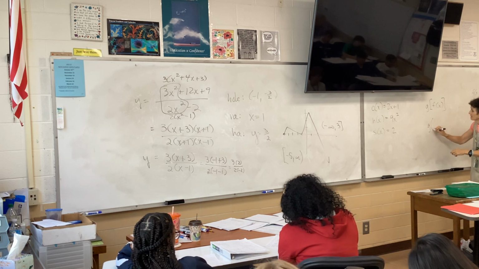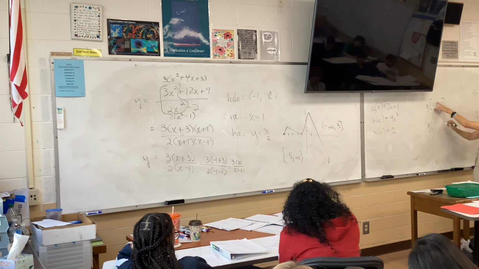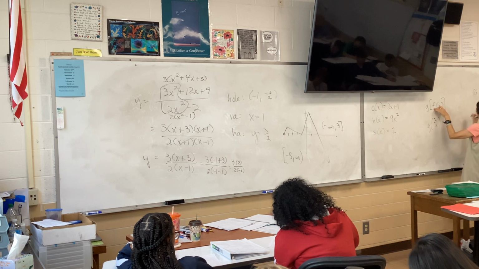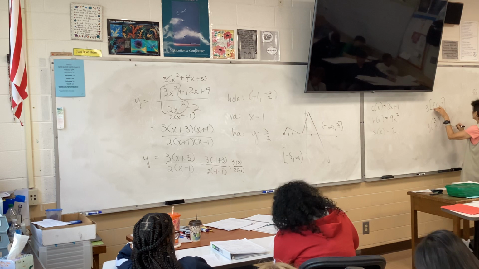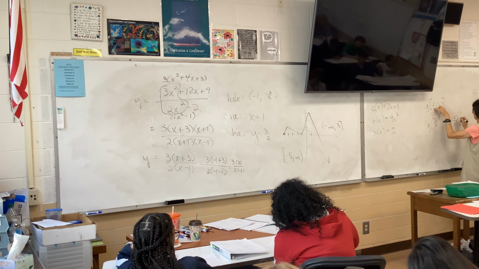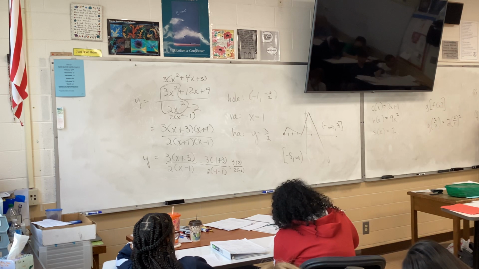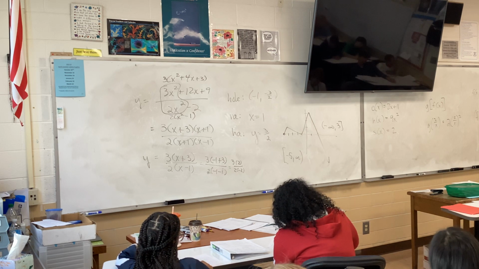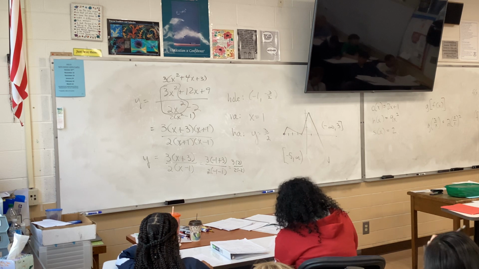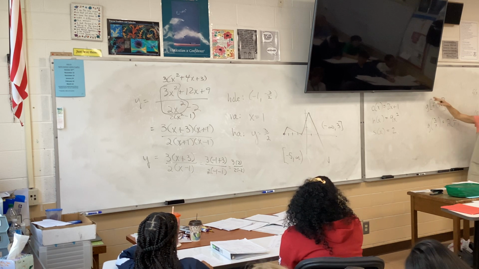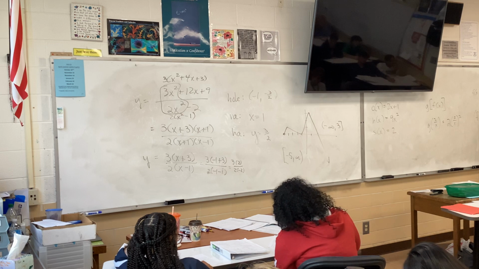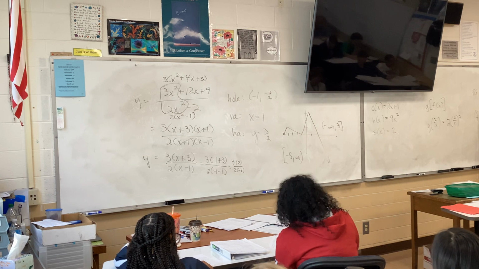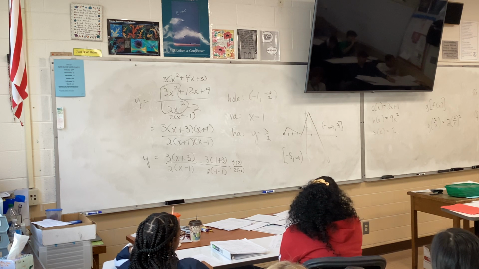So we're gonna take the whole f equation, which is 2 over x, and plug that into g. So this means take f and plug it into g. Put f into g. So I take my f equation, no numbers this time, and plug it into g.